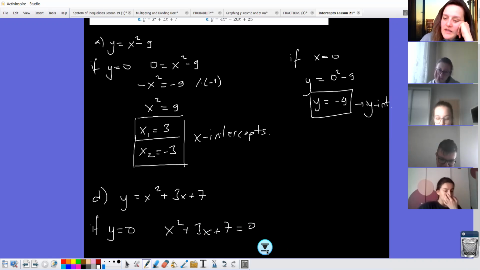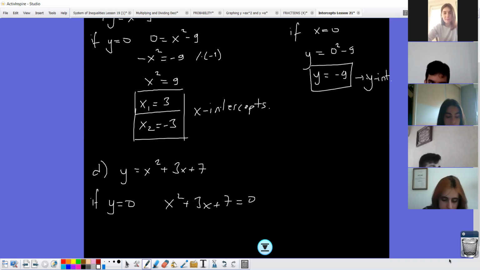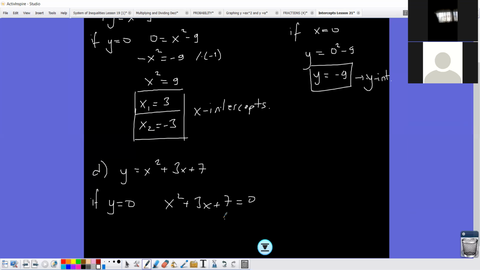Then factorize this one. Yes, we can factorize it. Are you sure? I think it won't be easy, because this is 7 and we won't get it. Teacher, with the quadratic formula.